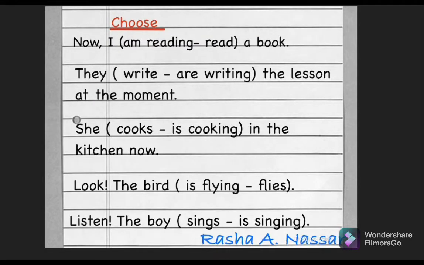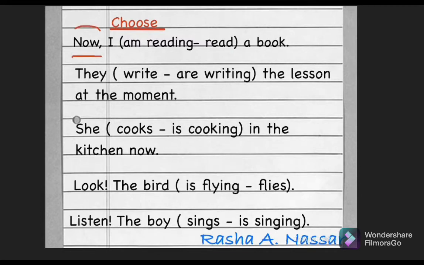And now, my dear students, let's read the sentences found in this exercise and choose the right answer together. Now, I am reading or I read a book. I have here now.